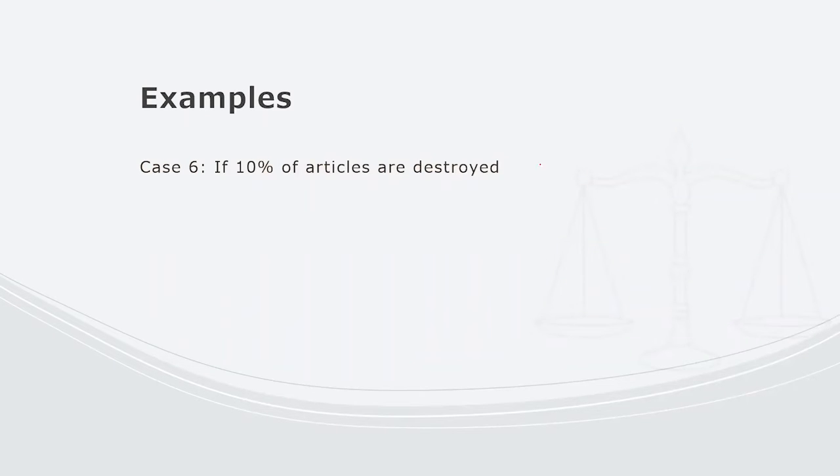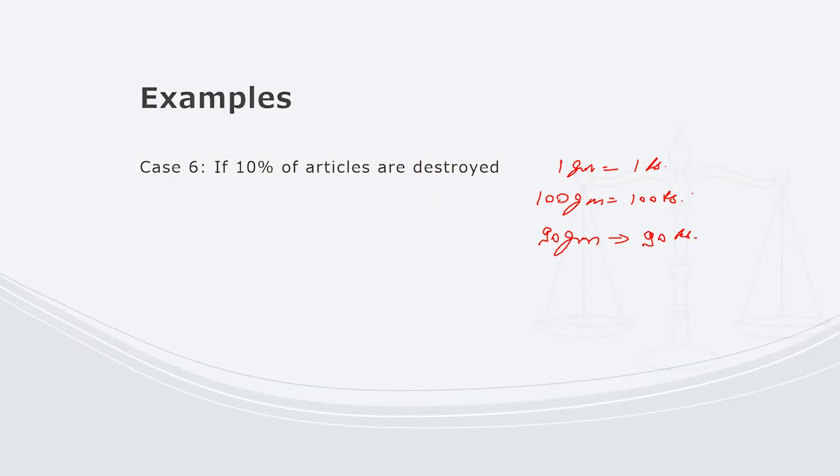If 10% of the articles are destroyed, let's say suppose he was purchasing 1 gram for 1 rupee, so 100 grams for 100 rupees, but 10% of the articles are destroyed. So what is now happening? He has only got 90 grams and he will be able to sell it only for 90 rupees.